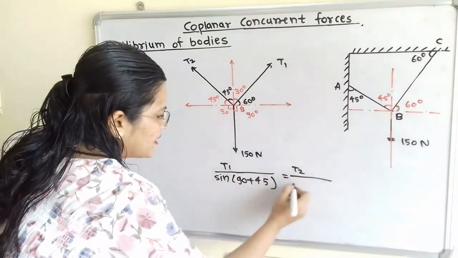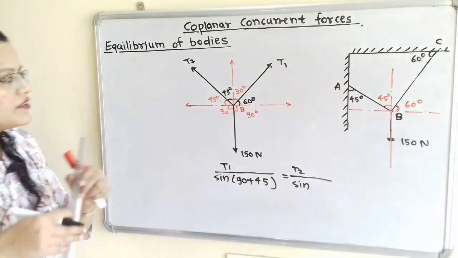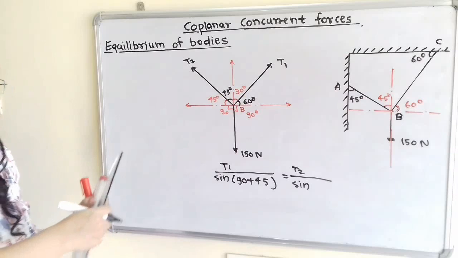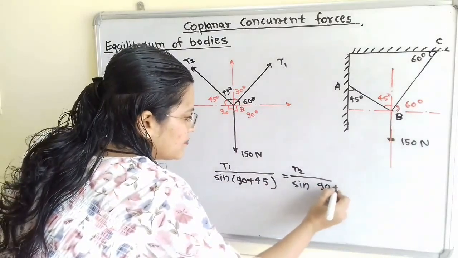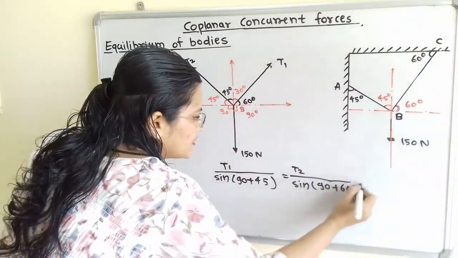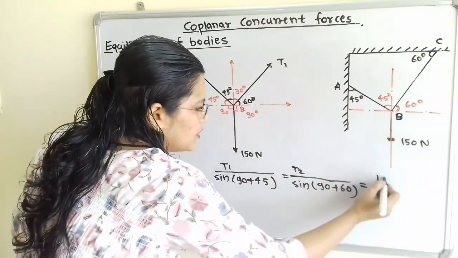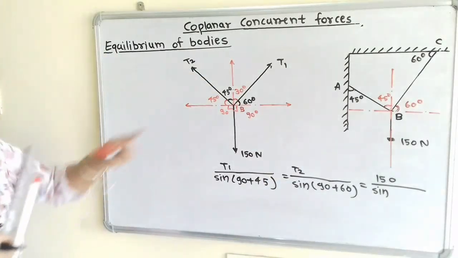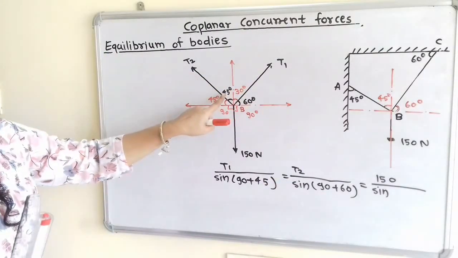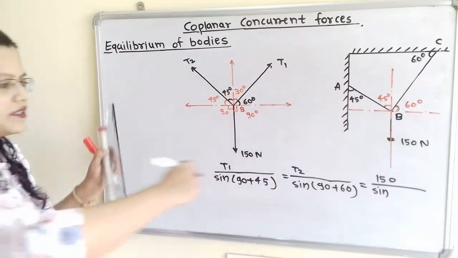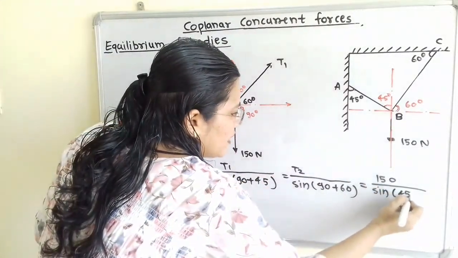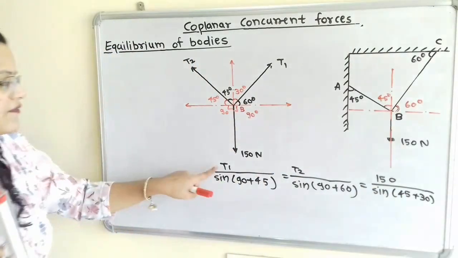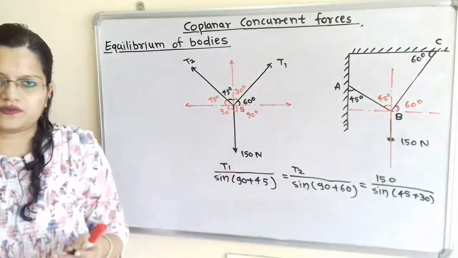T2 divided by the sine of the angle between the other two forces, that is between T1 and 150, 90 plus 60, which is equal to, now this 150. So 150 divided by the sine of the angle between the other two forces, T2 and T1, sine of the angle 45 plus 30. Now we have to solve this and then we can find T1 and T2.